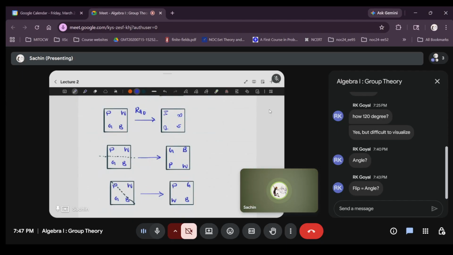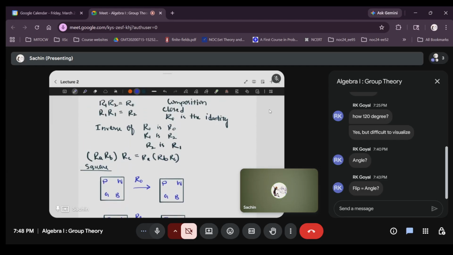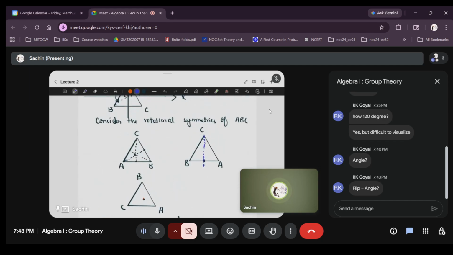For a square, there are two axes that pass through midpoints of opposite sides and two axes that pass through two opposite vertices, so there are two diagonals. So you are still left with only four different flip operations. And for the triangle, you are left with three flip operations.